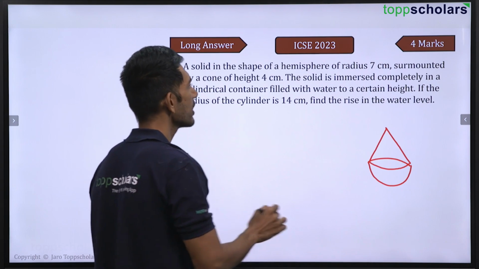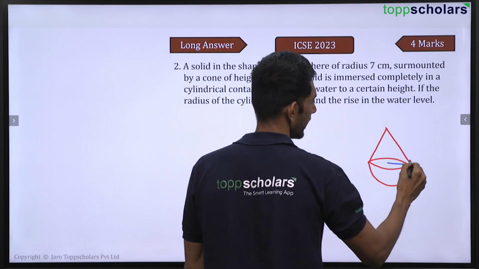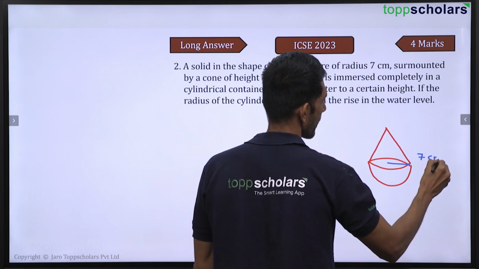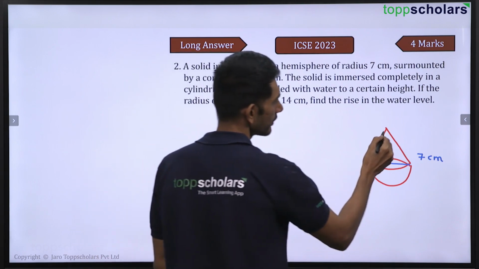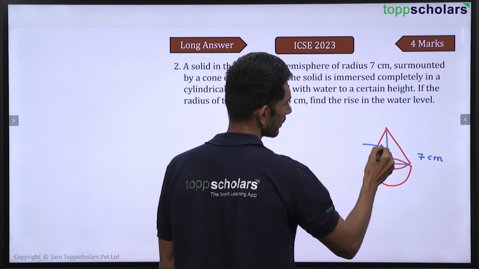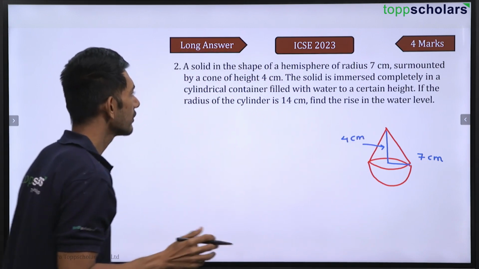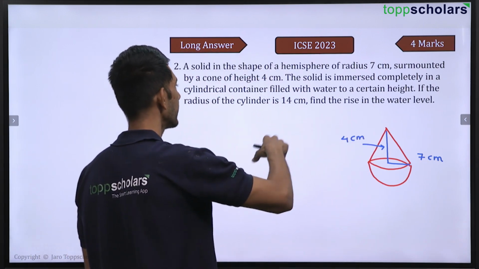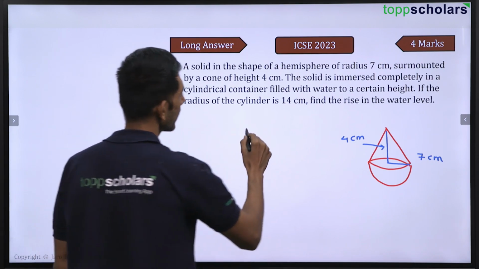A solid in the shape of a hemisphere of radius 7, the radius of the hemisphere is 7 centimeter, and the height of the cone is also given, that is 4 centimeter.